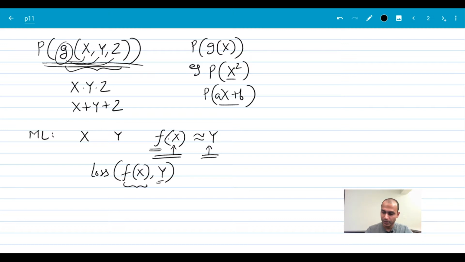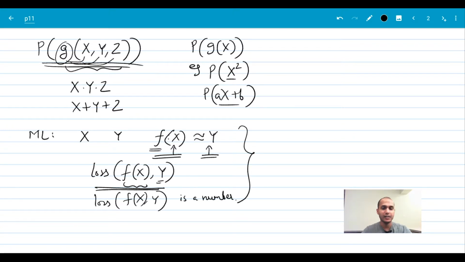So loss is a function of two random variables, X and Y. X first got transformed via f of X, and then this whole thing got transformed by a loss function, which outputs a number. This is just an example of why you would have derived random variables and functions of multiple random variables.